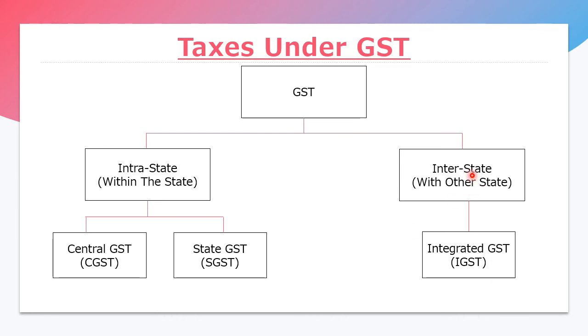Then interstate is divided into only one part, that is integrated GST, IGST, integrated goods and services tax. Integrated means it is with other states, with different states, different coordination. Here different states are involved. That's why we can say integrated.